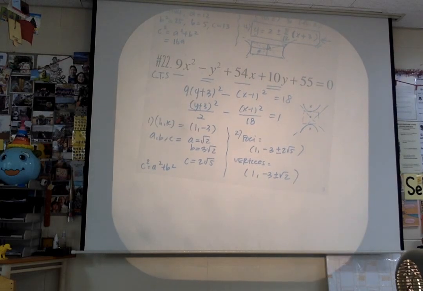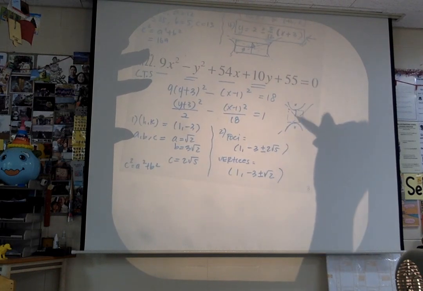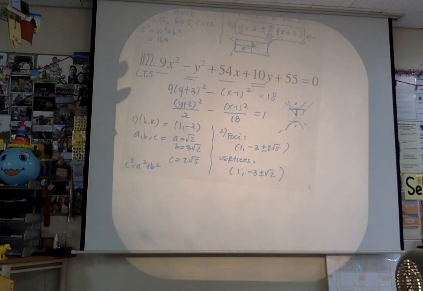Something like that, okay? The equation for the asymptote. Again, asymptote is what? It's good to sketch because then you can see that it goes up A and right or left B, because that's your conjugate axis, okay?